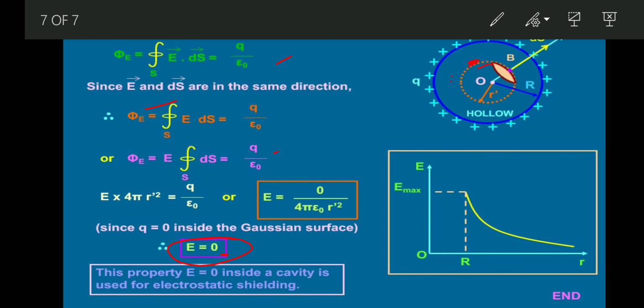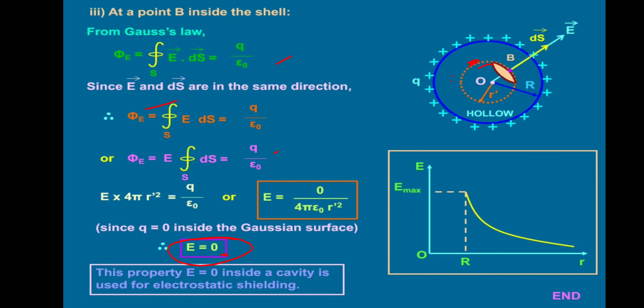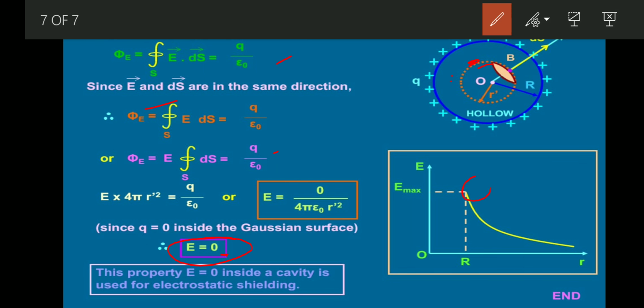And after that, at R, as we saw in the previous case, the electric field intensity is maximum. Then, as we move away from the shell, we have seen that the electric field intensity is inversely proportional to r square, and hence it will decay like this. So the graph is like this.